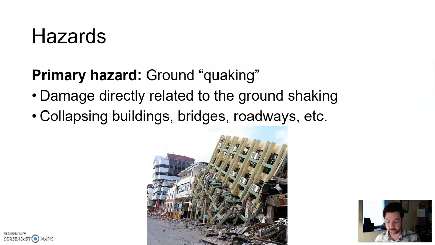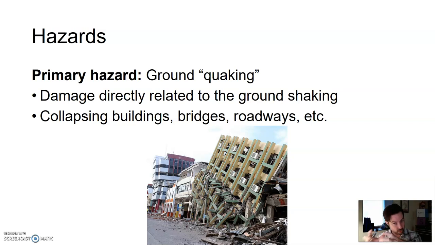So when an earthquake occurs, if you've watched San Andreas with Dwayne "The Rock" Johnson, things shake and things fall down. But there's other stuff that occurred in that movie. It wasn't necessarily scientifically accurate, but it did bring to light some things that can occur along with earthquakes.